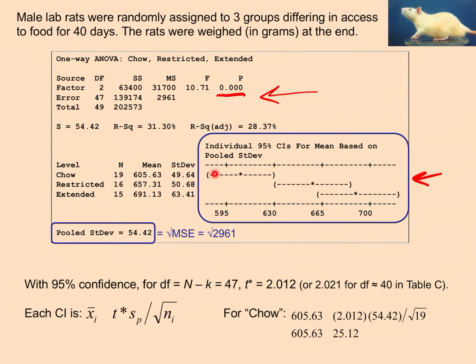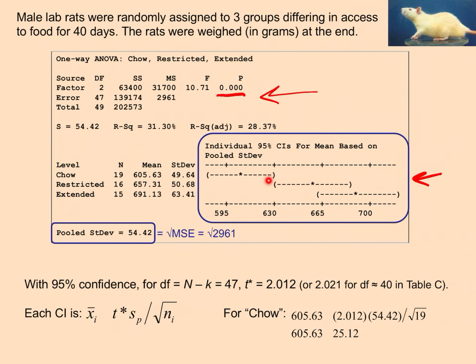So what we've got here is a mean of 605.63 for the Chow group. That's right there, and you see the 95% confidence interval around it. Here's the mean for the extended group and its interval, and the mean for the restricted group and its interval. So notice we have overlap between extended and restricted confidence intervals. There is no overlap between Chow and restricted.